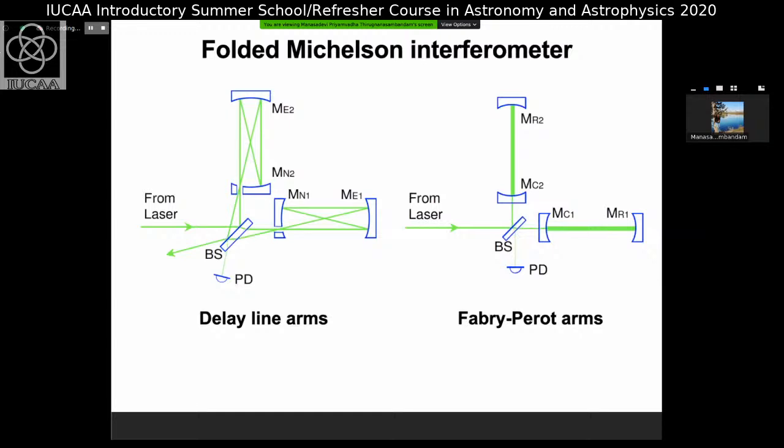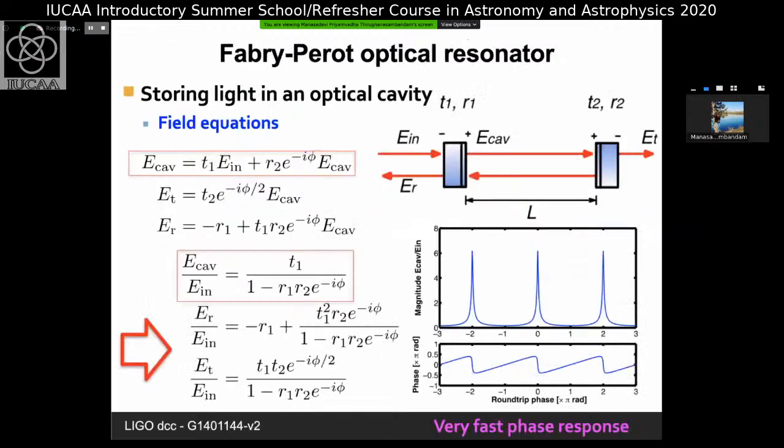So the other configuration that was proposed is a Fabry-Perot Michelson configuration. Before we go deep into how Fabry-Perot Michelson works, it's important that we understand how a Fabry-Perot cavity works. A Fabry-Perot cavity is basically a simple optical resonator.